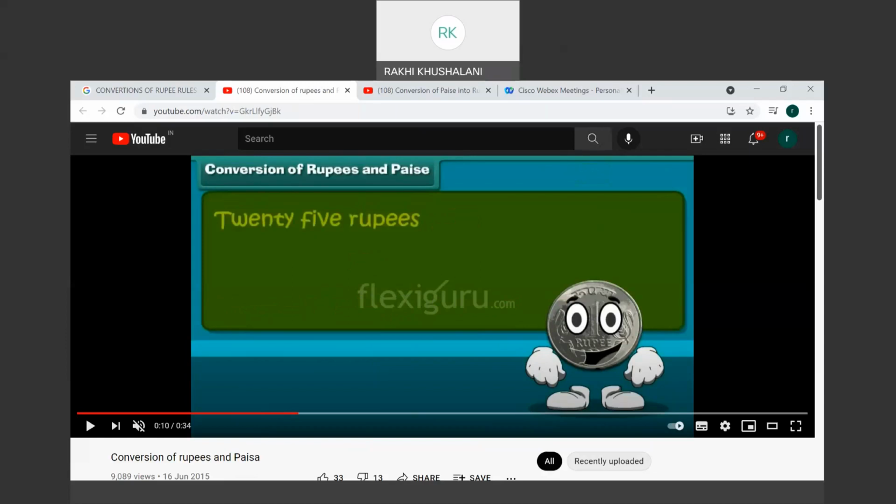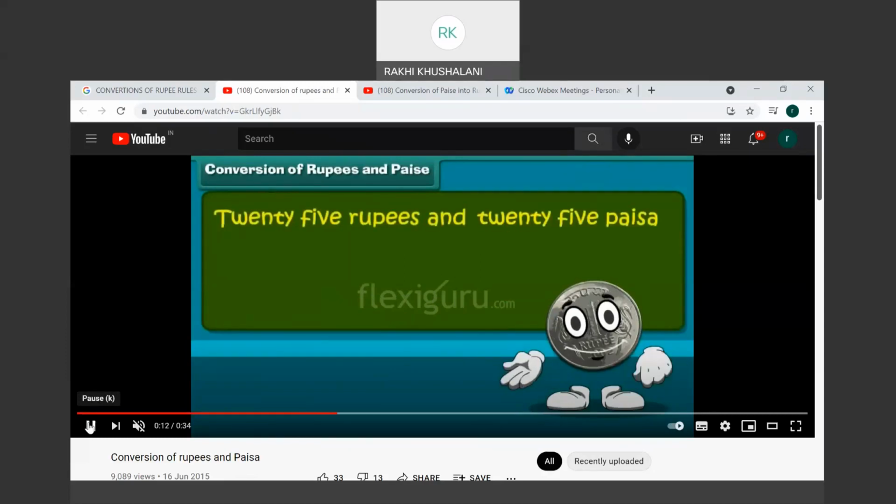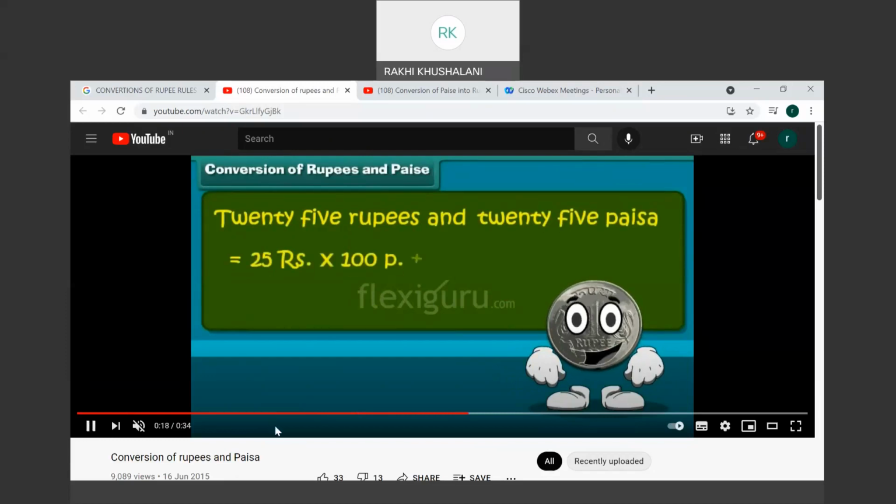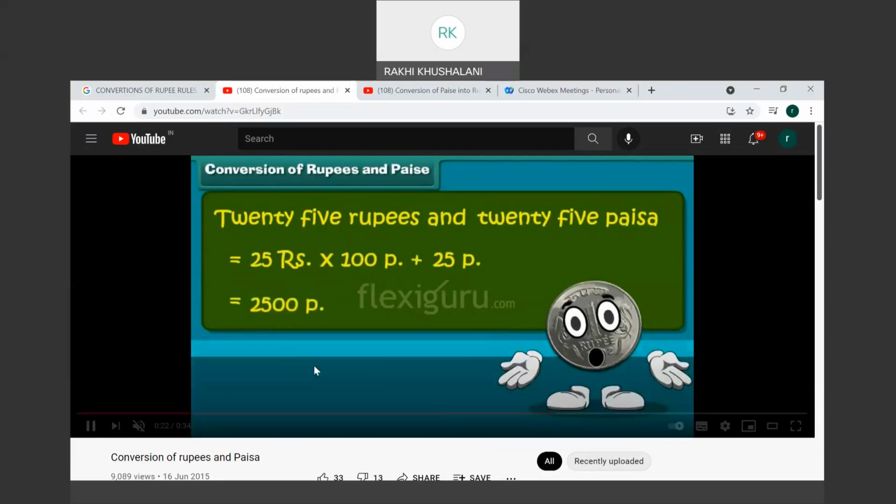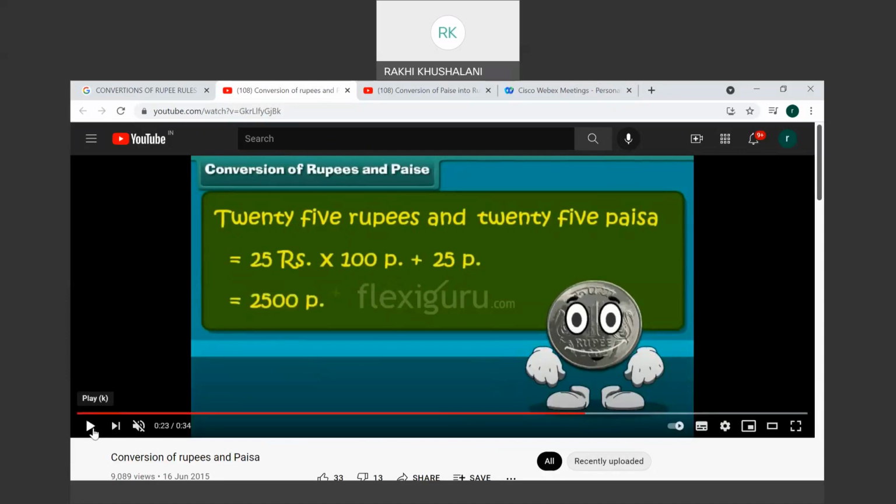So 25 rupees and 25 paise is how many paise there? So let's see, 25 rupees and 25 paise is equals to 25 rupees into 100 paisa. See, here we are using a small p, which is also correct. It's not at all a problem.